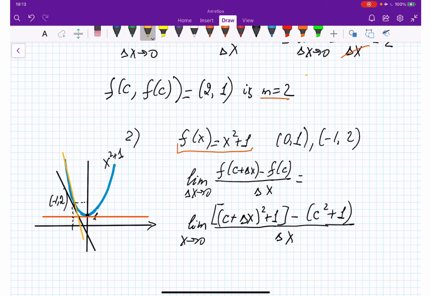So it has 2 points. One is here, right? And one is here. And that's where the tangent line is going at this point. This is our point C, practically. So we are doing our change. This is C plus delta x.